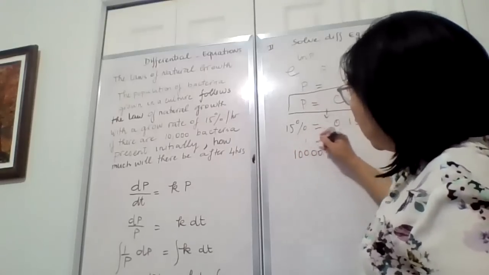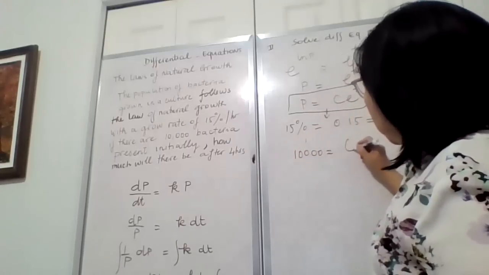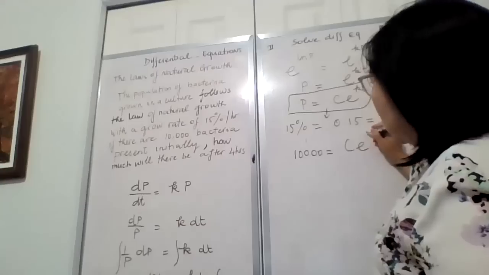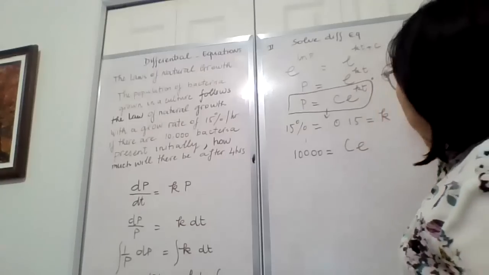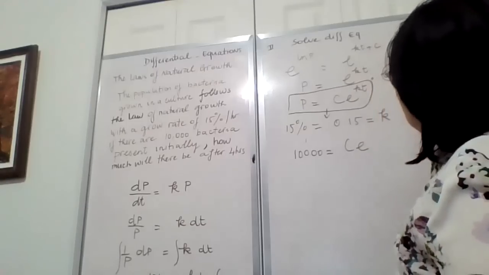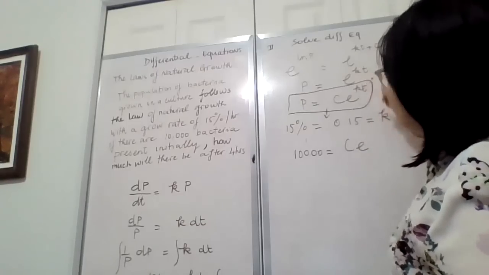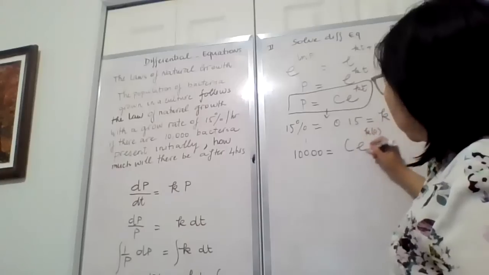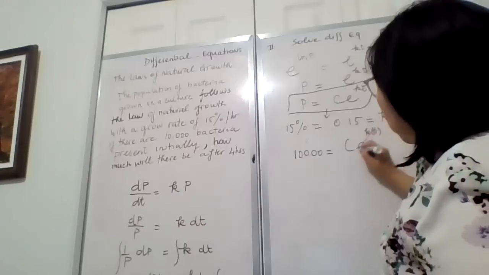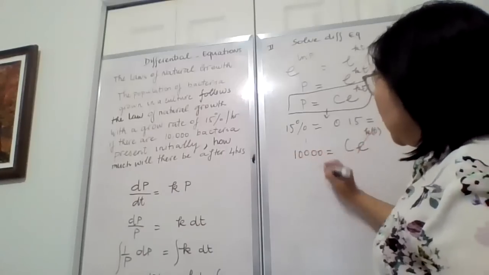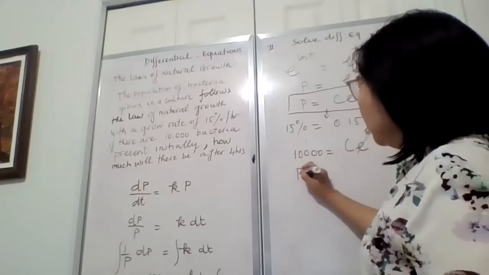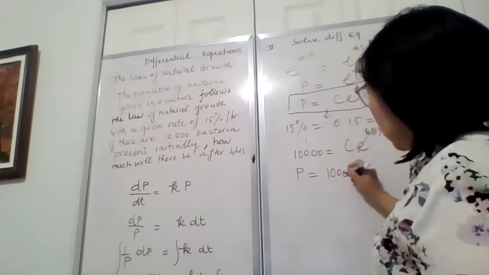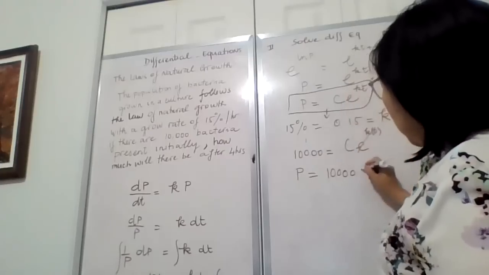So we replace P here by 10,000 and solve for C. Now e to the kt is at time equals 0. At time 0, t represents 0. If we put here k times 0, e to the k0 is just 1. So this is equal to 1. So C equals 10,000.